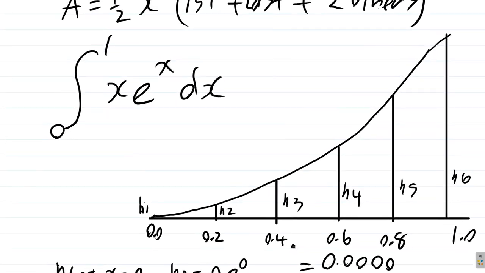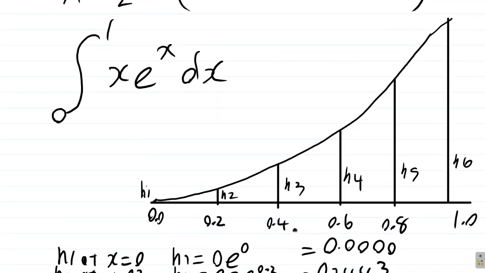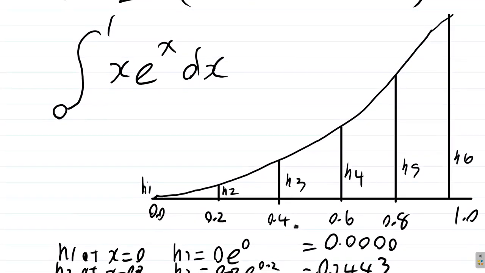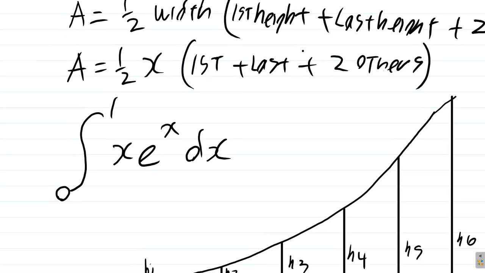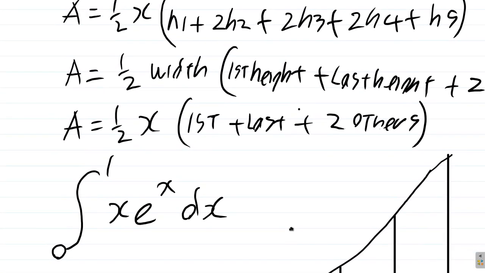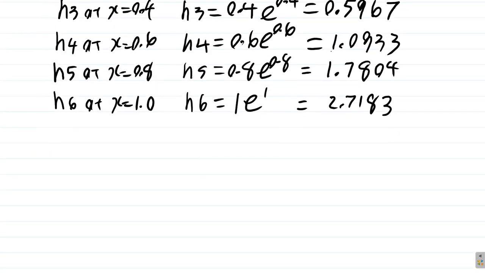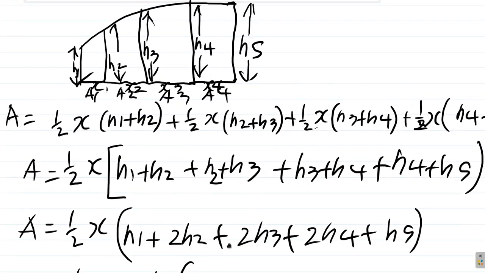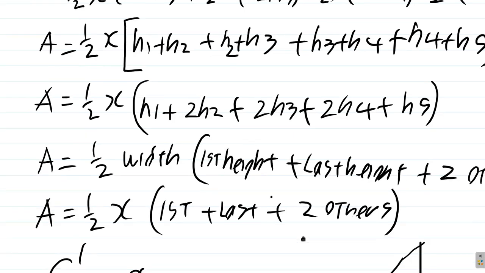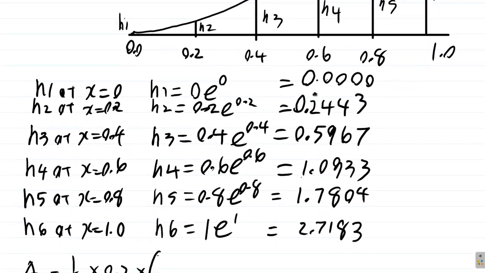Alright, so the trapezium rule. Each width is 0.2. Alright. So the trapezium rule says half the width. So the area equals half times 0.2 times, alright, the first height plus the last height.